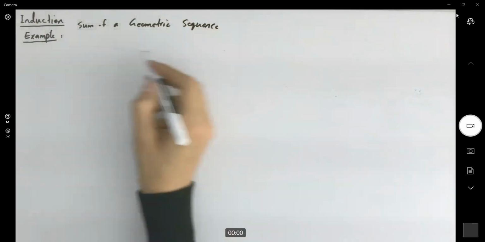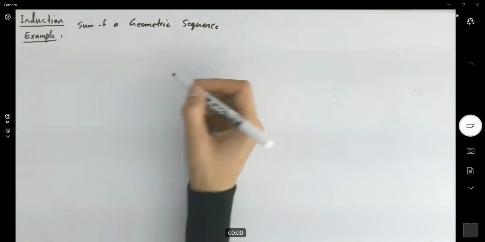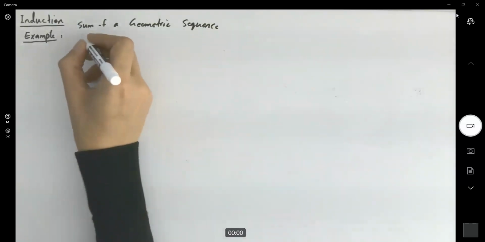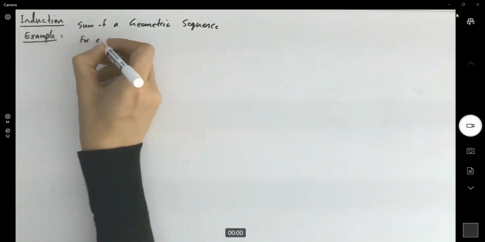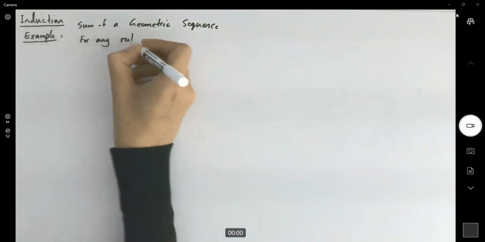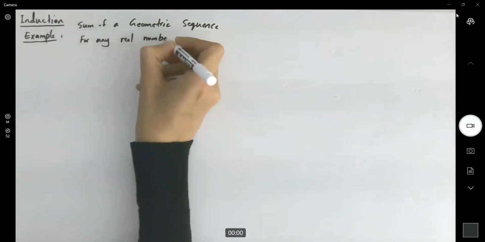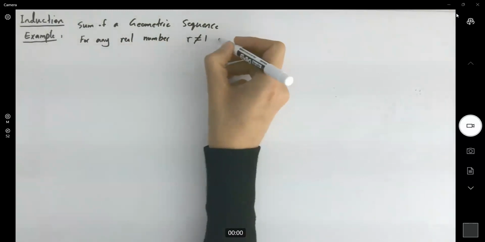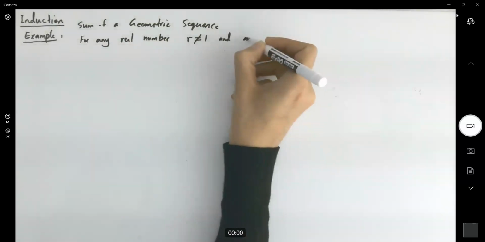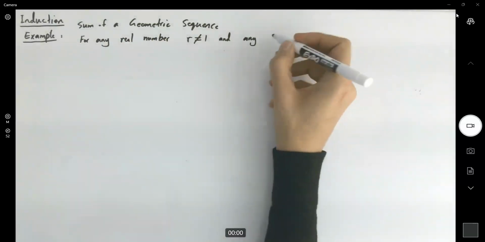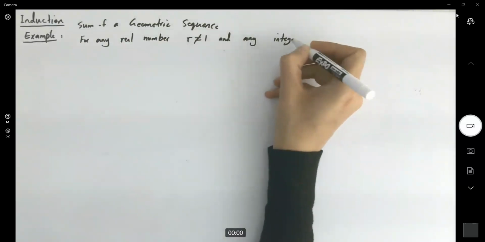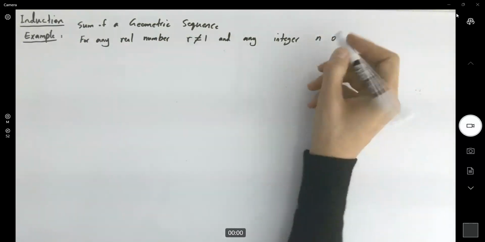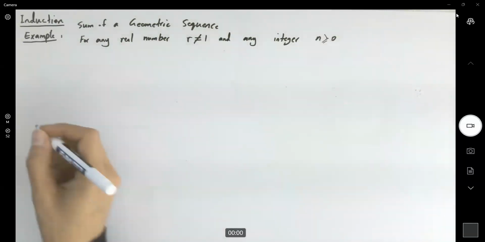Remember that we took the elements of a sequence and defined a series. In this case, for any real number like r, which is not equal to 1, and any integer like n, which is larger than or equal to 0, we have the following nice formula.